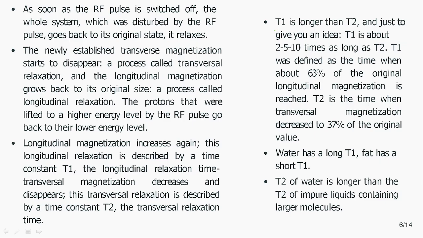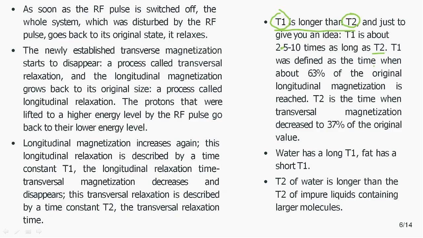So, in general T1 is longer than T2, meaning the longitudinal relaxation takes more time than the transversal magnetization relaxation period. And just to give you an idea, T1 is about 2.5 to 10 times as long as T2.